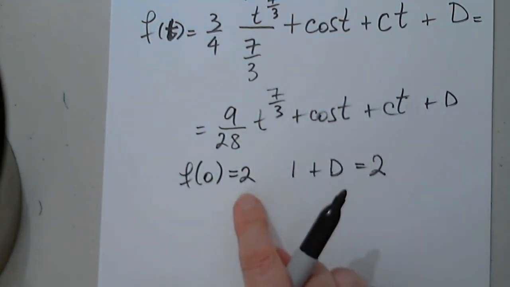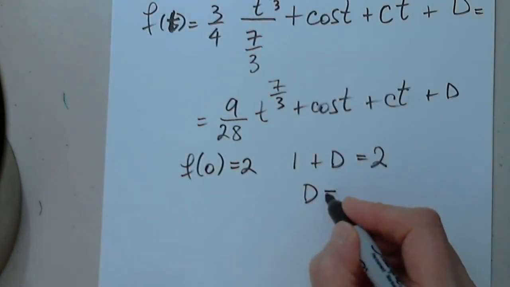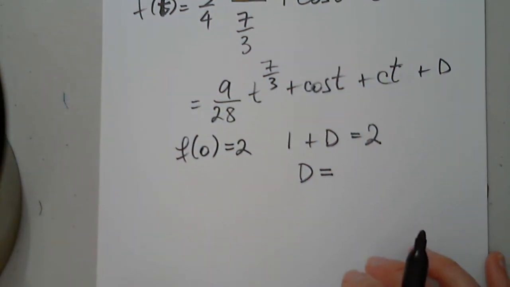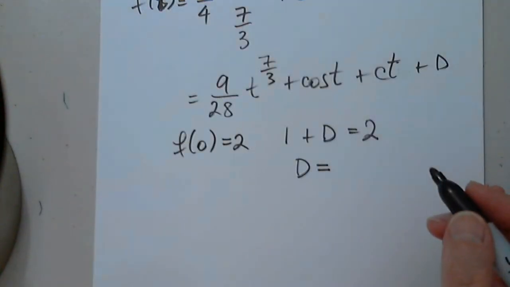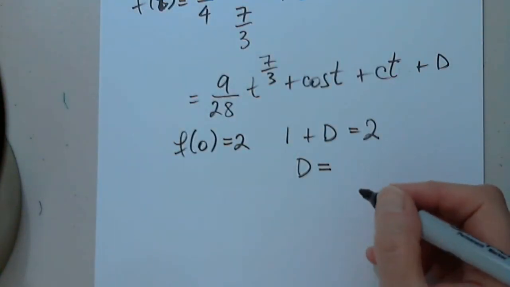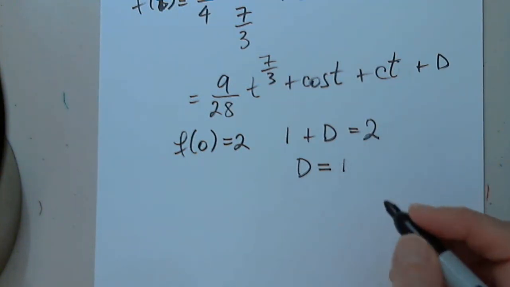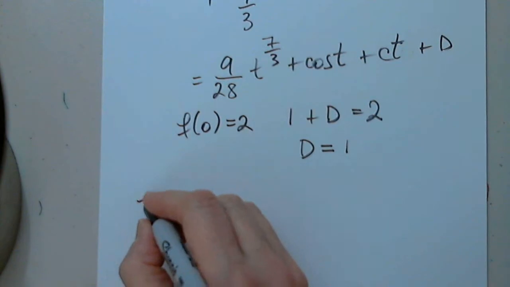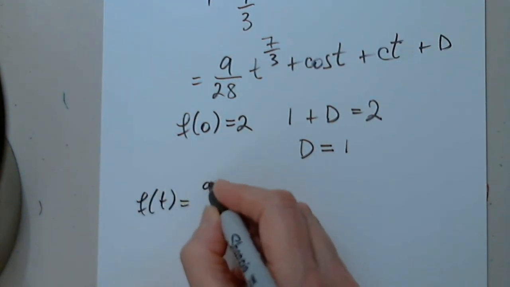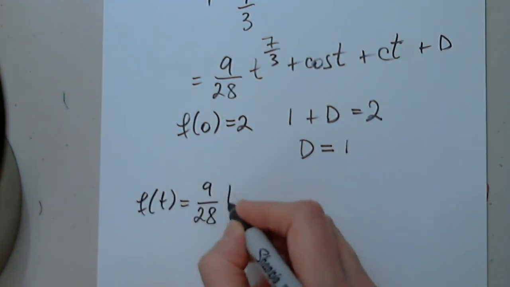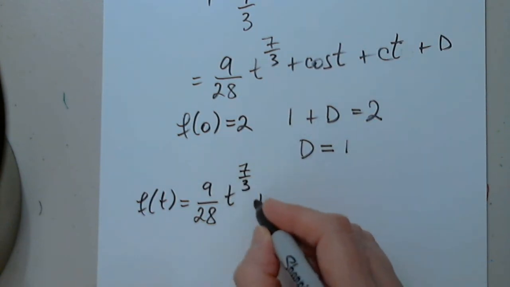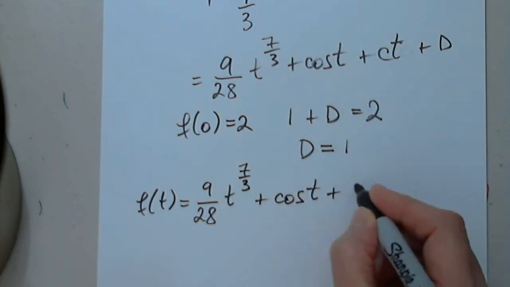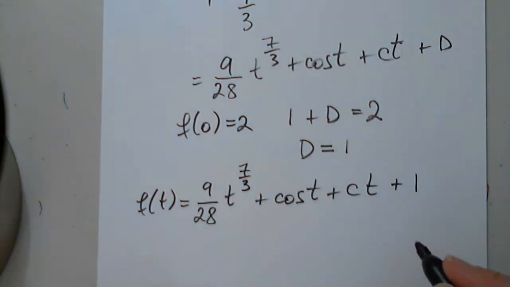So 1 plus d equals 2. So then how much is d? One. Good. So I will plug it in. So f of t for now is 9 over 28 t to 7/3 plus cosine t plus ct plus 1.